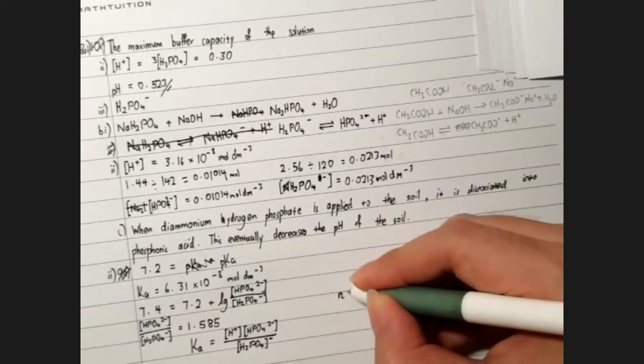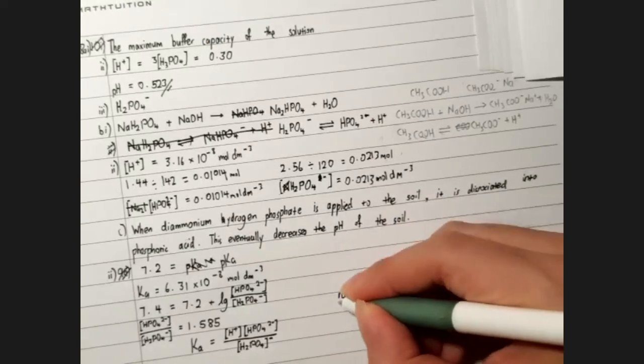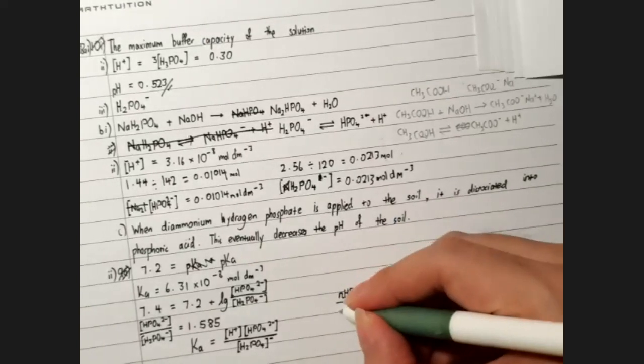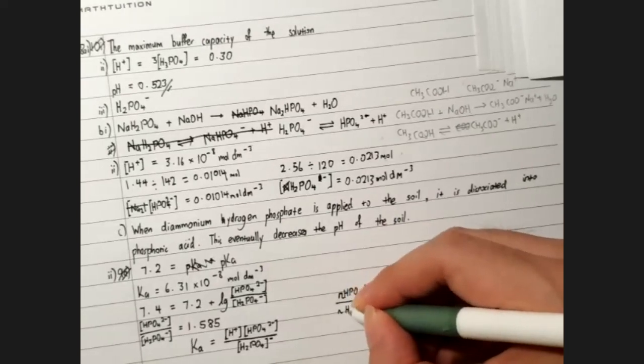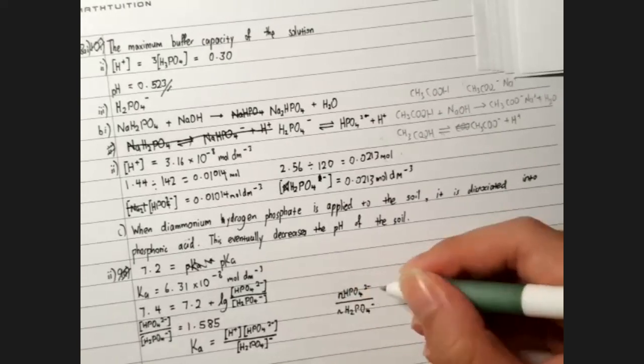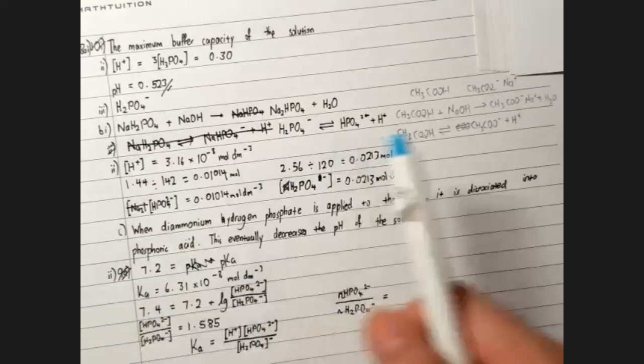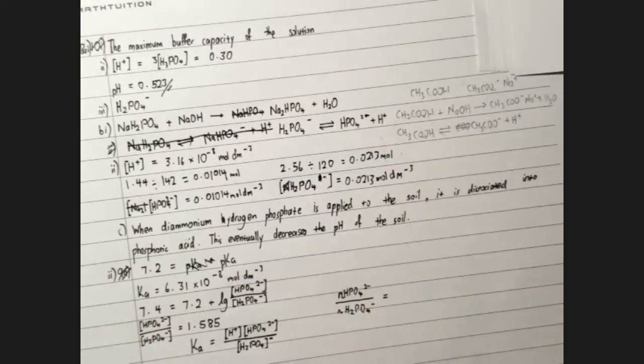N of HPO4 2 minus over the mole of that, it will still remain as that, 0.476. Yeah, copy of.